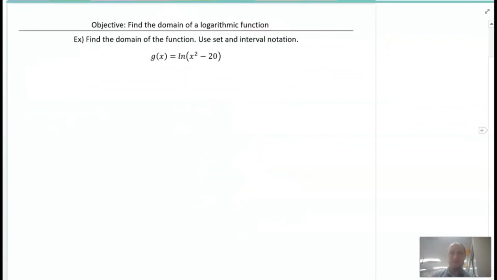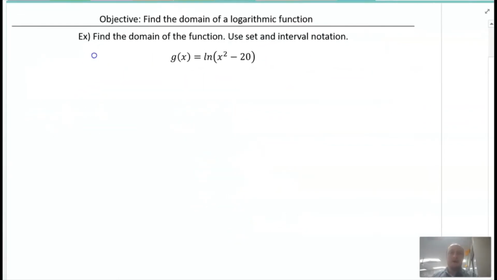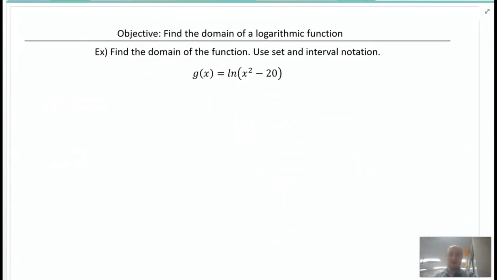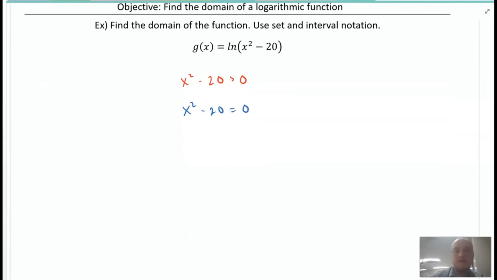Okay. All right. One more example. Here we have the natural log of x squared minus 20. Okay, so x squared minus 20 greater than 0. And then I'm going to switch to an equal sign, and then we'll solve. Okay, so add 20.